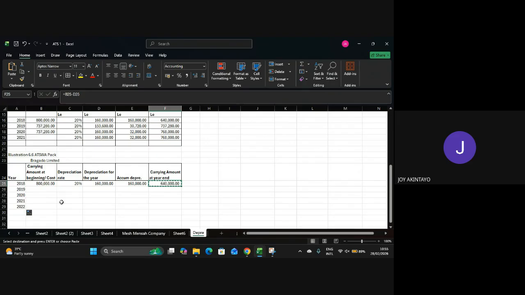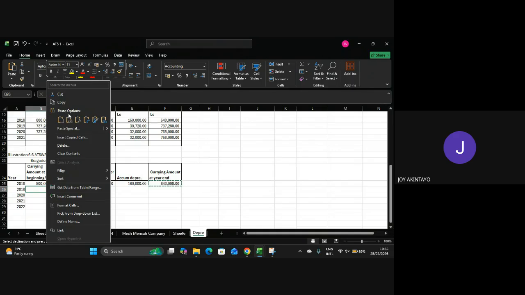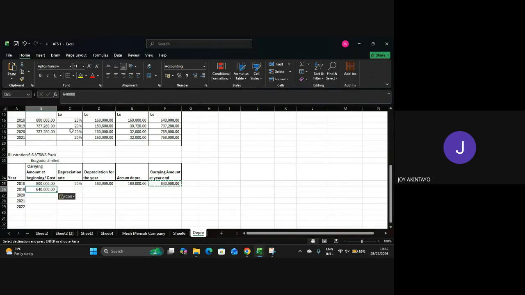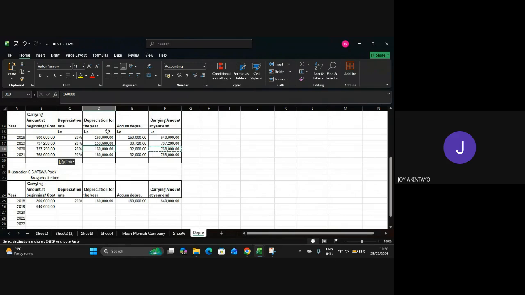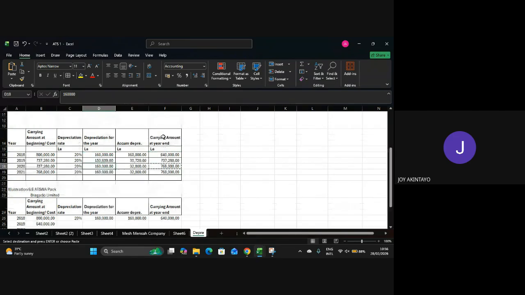So now we carry this 640 here. This one coming. There's an error here.